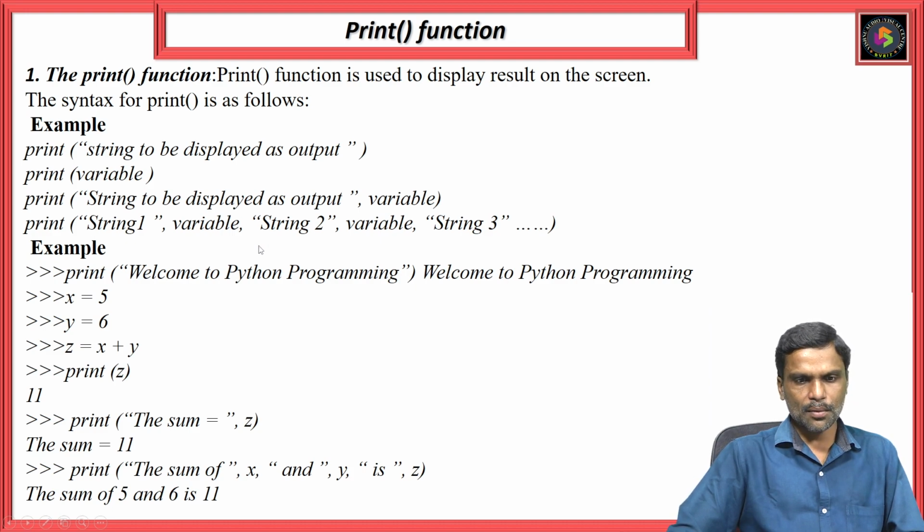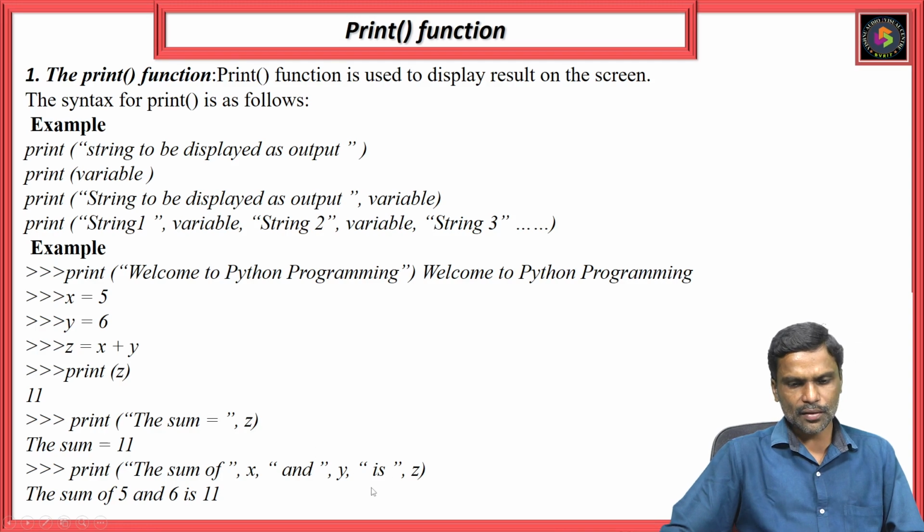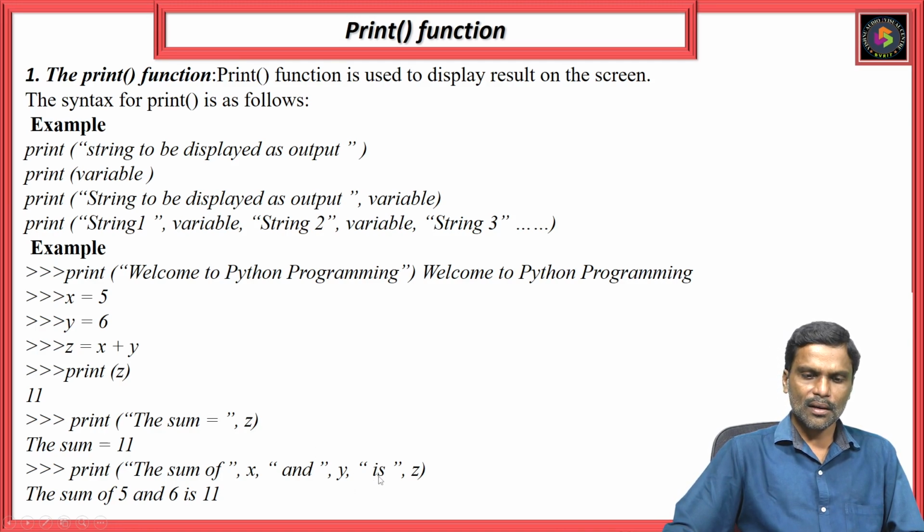Next, the last syntax I have given here: print string 1 variable, string 2 variable, string 3 variable, and so on. Sum of is the string, comma x. That means sum of should be there, then the first variable x, 5 should be there. The next one, and, is again a string. Then the next variable is y. Is is a string. Then the next variable is z.